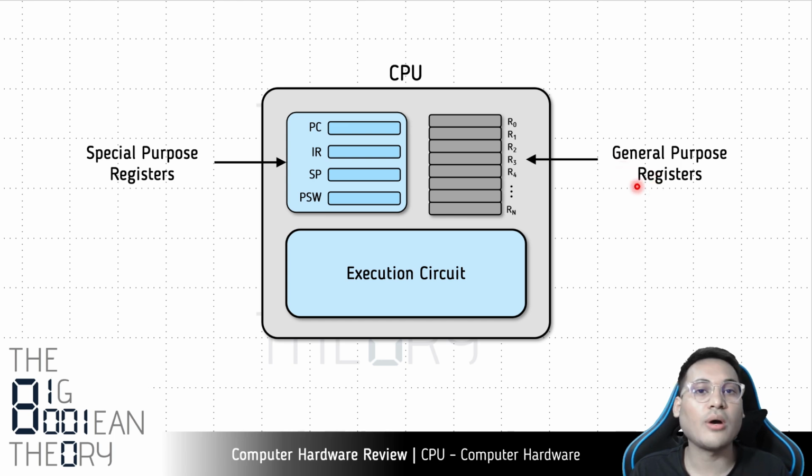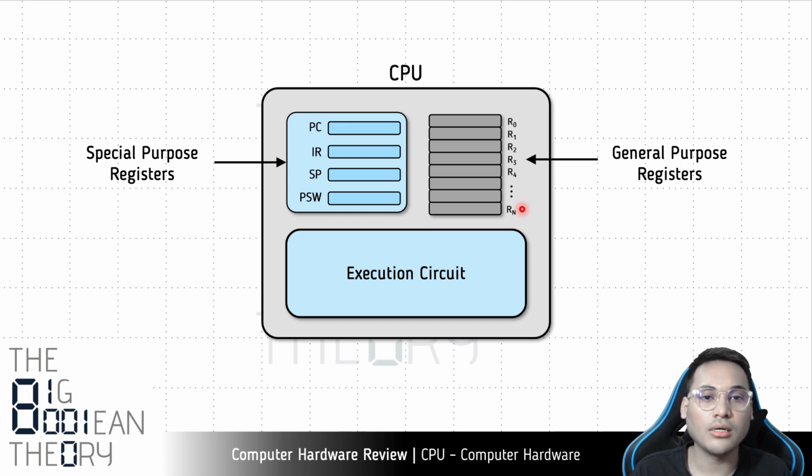As part of executing an instruction, the operands are first transferred from the memory to these general purpose registers. These registers are named sequentially, as you can see, from 0 to n. This is just an example. Once the operands are present in these general purpose registers, the CPU can go ahead and execute the instruction, and it will use these values in some way.